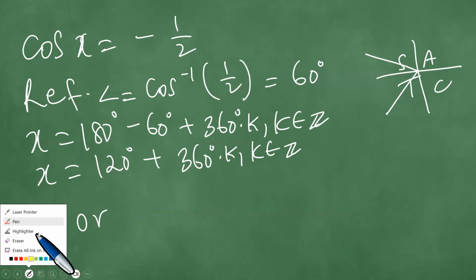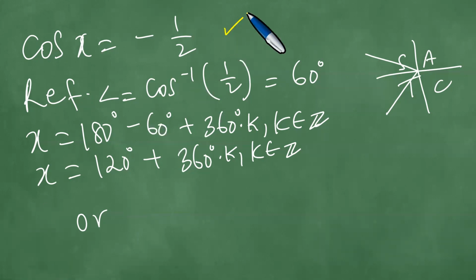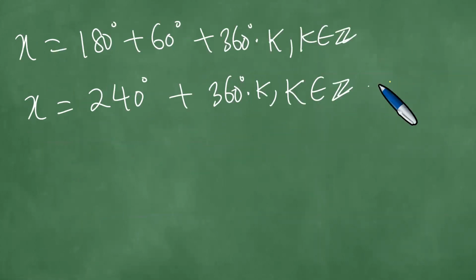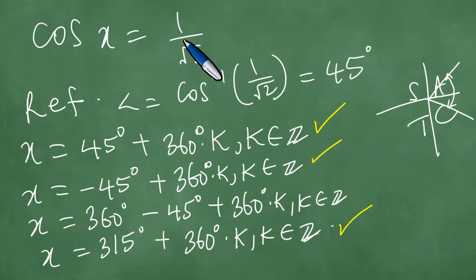We were able to solve this equation step by step, and we got the 120. We can identify it as an angle in the second quadrant, but there's also another angle in the third, which is the 240. We went on to solve the second one, cosine x equals 1 over the square root of 2, and obtained an angle in the first quadrant, which is exactly 45 degrees.